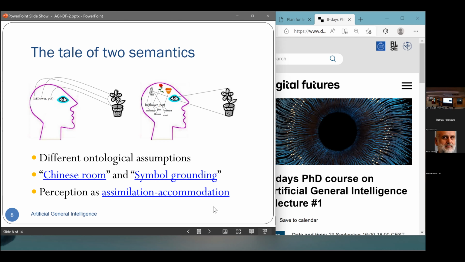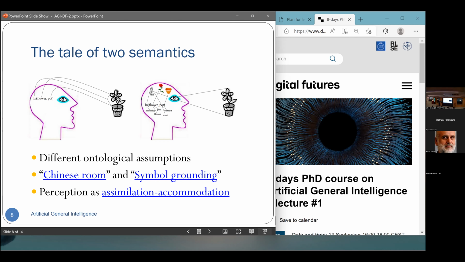This opinion basically says that you're using your existing concepts to organize your perception. To put it in the extreme, you only see the things that you understand, because you can use your existing concepts to capture a new experience.